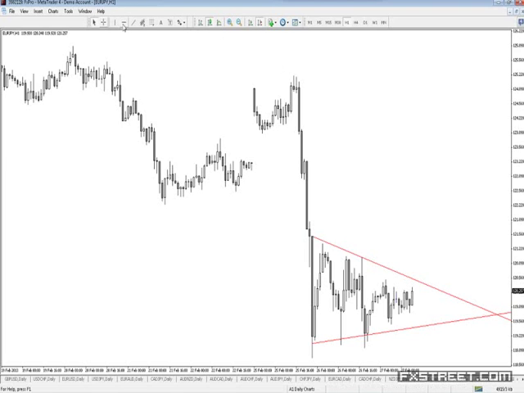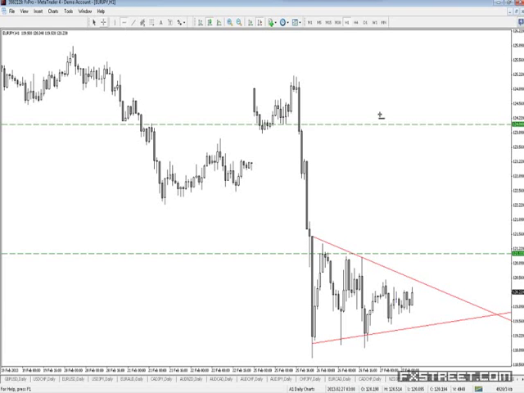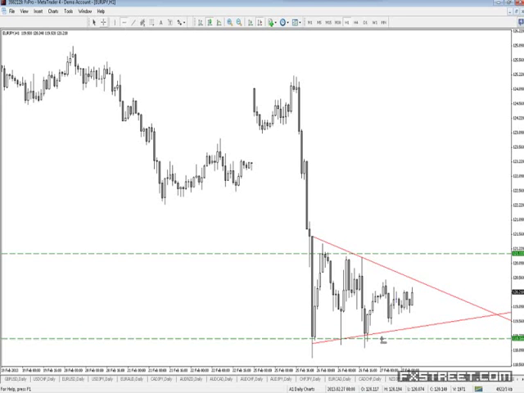If I were using horizontal levels, I probably would draw something right here around 121.11, and then down here at the bottom around 119.16. Either way, it can work, but I think at the moment it looks like these trend lines actually capture the market slightly better than the horizontal levels, and that's just because it seems to be penned in here by these trend lines.